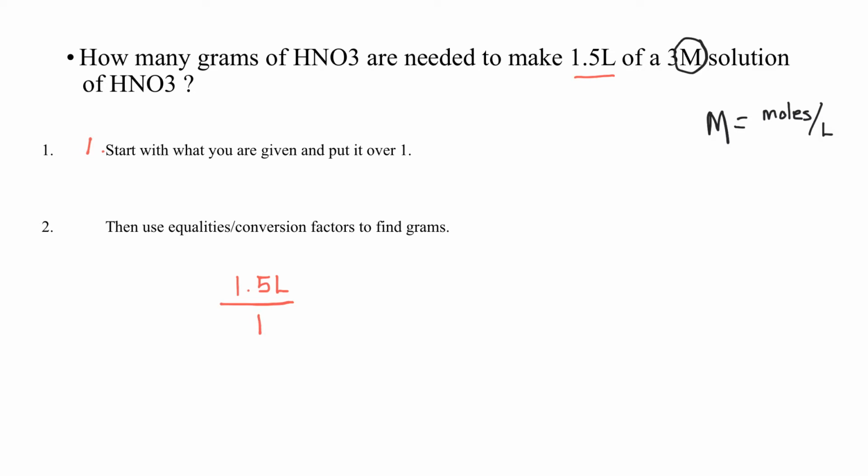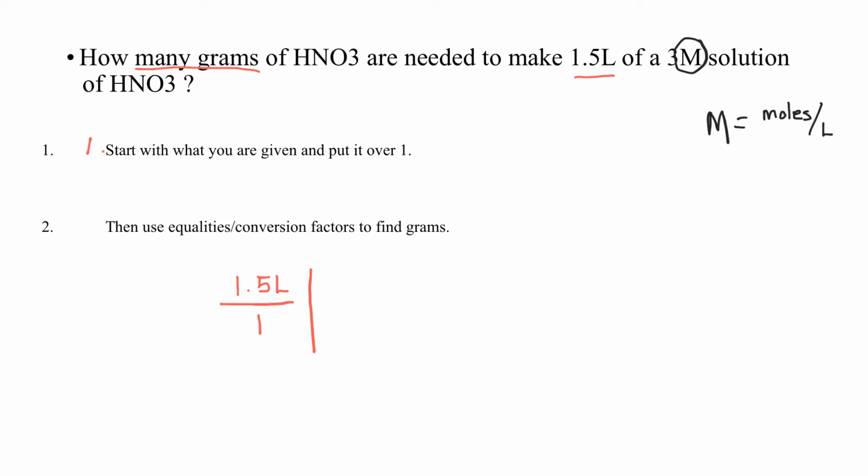And then we're going to use our conversion factors, our equalities, so we can use the factor label method. And so I'm looking in this question, they want to know how many grams. So I'm going from liters to grams.